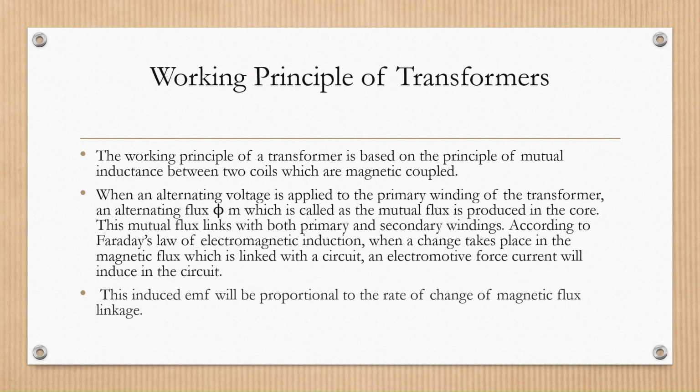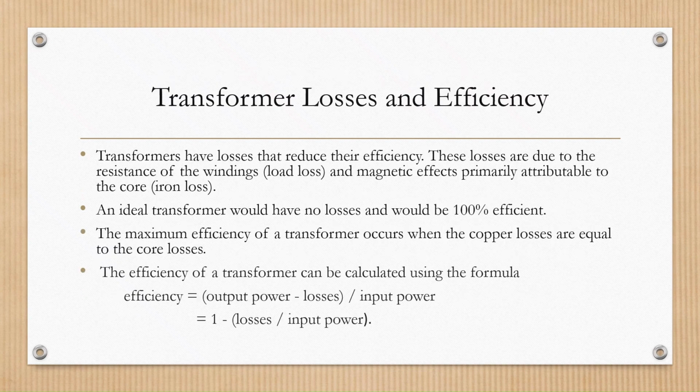The working principle of a transformer is based on the principle of mutual inductance between two coils which are magnetically coupled. When an alternating voltage is applied to the primary winding of the transformer, an alternating flux Φm, which is called the mutual flux, is produced in the core.